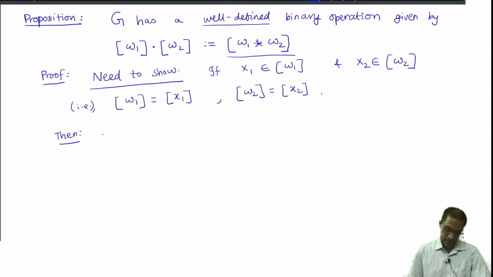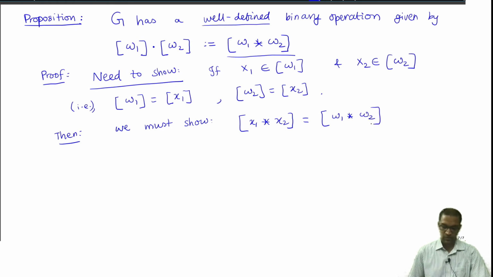So okay, then we must show that the equivalence class of x1 star x2 is the same answer as what you would get if you took W1 star W2. Okay, so this is what showing well-definedness means. Okay, so let's prove this.